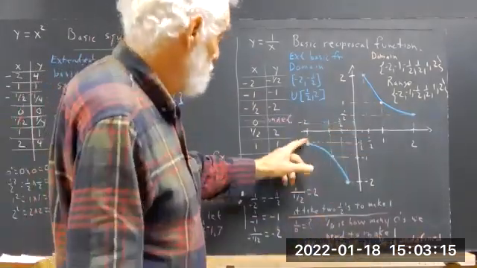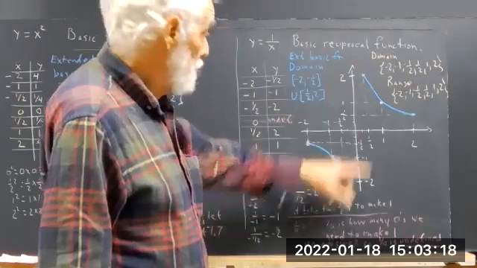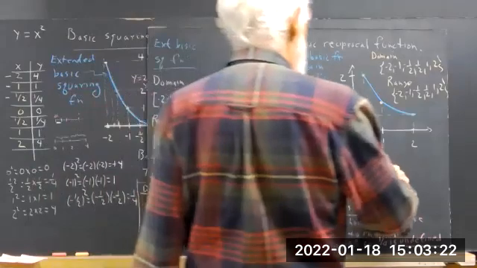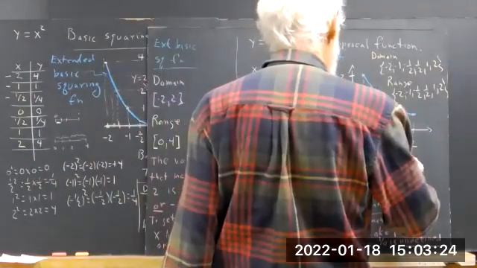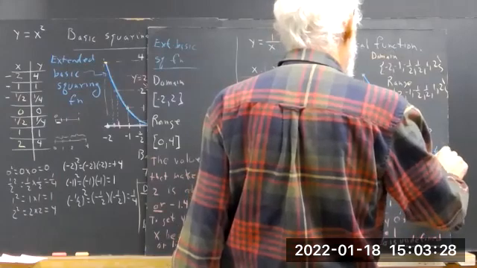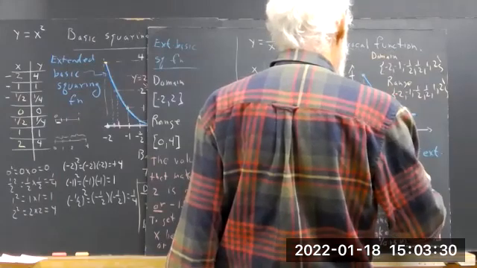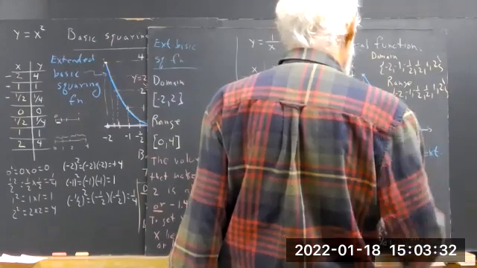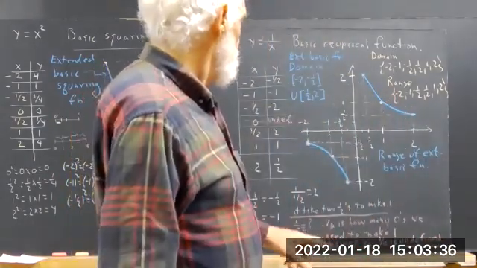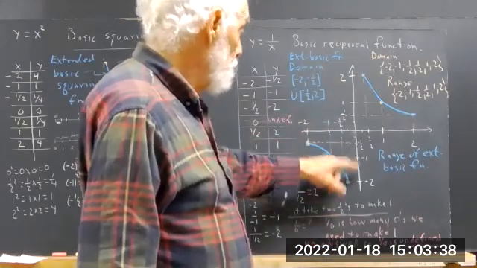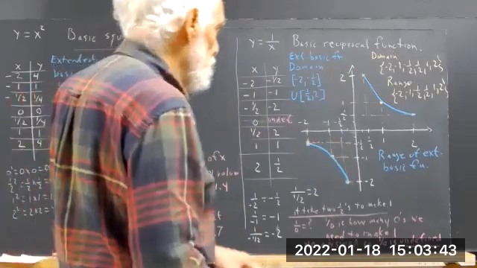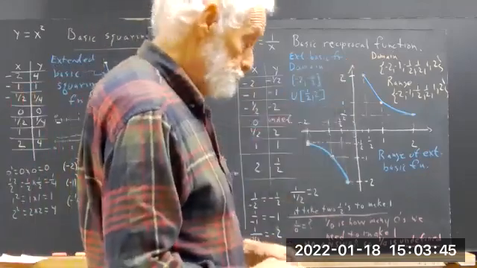We define it as moving from this point to this point, and then from this point to this point. And the range, well, looks like your y values could go from -2 to -1/2, and then from 1/2 to 2.